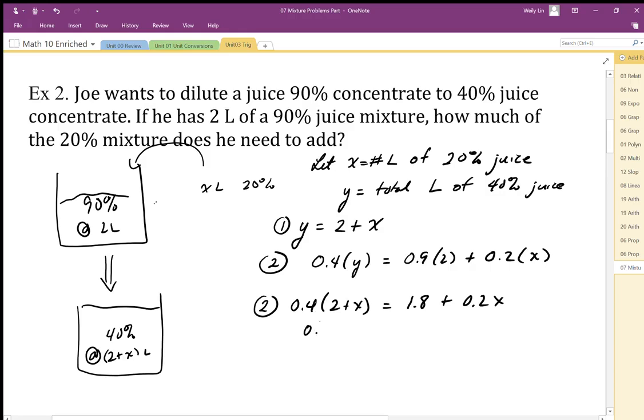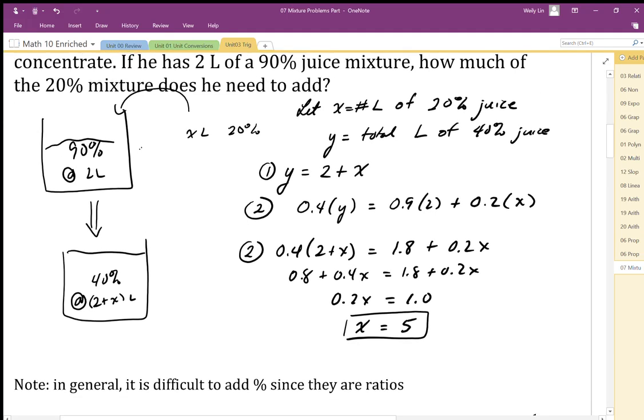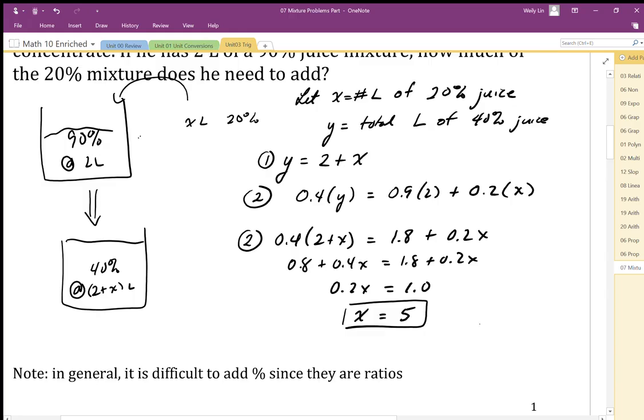So we end up with 0.8 plus 0.4x equals 1.8 plus 0.2x. Subtract 0.2x from both sides. Subtract 0.8 from both sides. When I divide by 0.2, I get x equals 5 liters. And if x equals 5 liters, y works out to be 7 liters total.